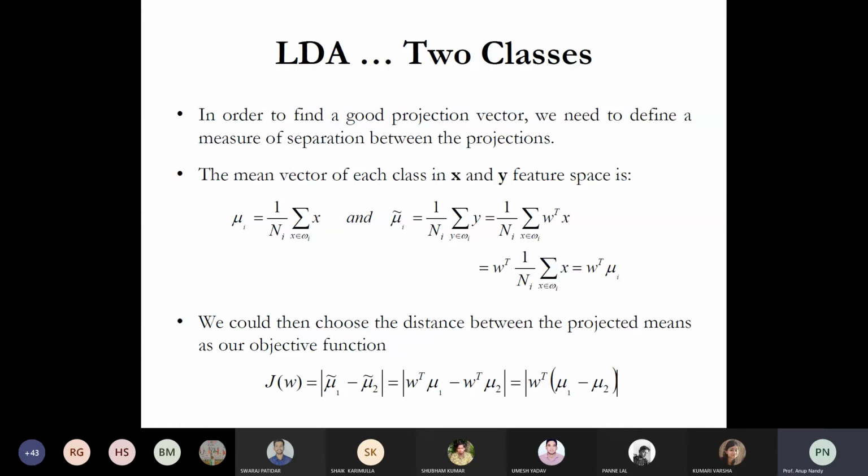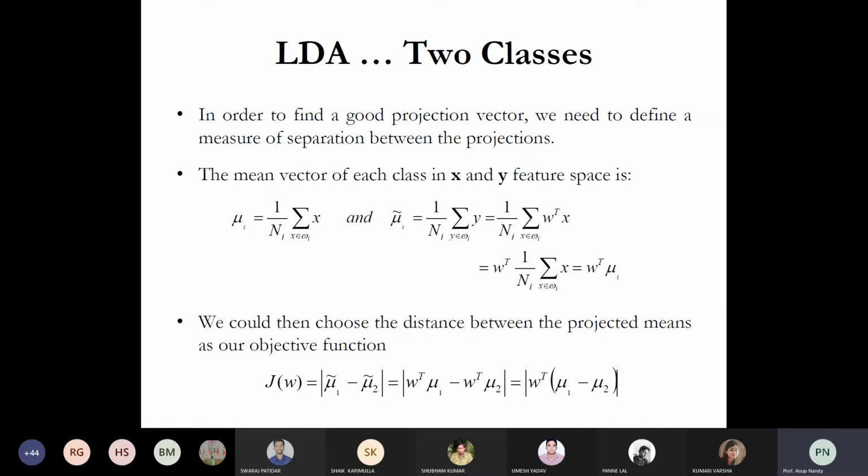There should be a significant mean difference between the classes. If you find a significant mean difference between these two classes, then there is no overlapping region between them. Within class scatter means there should not be much variability within the class. Whatever samples are there should not have very much variation; they have to be clustered within the class.